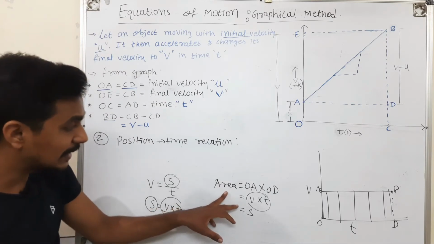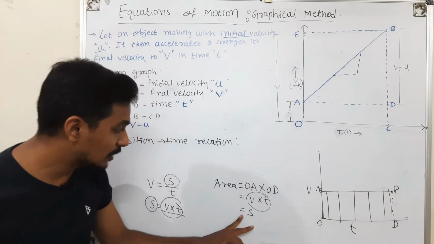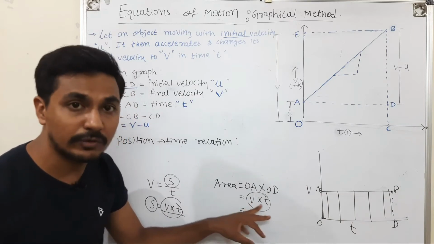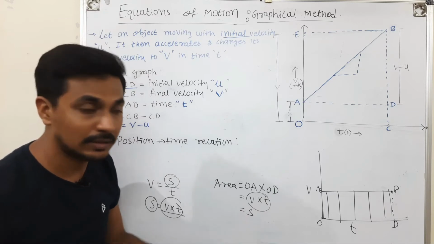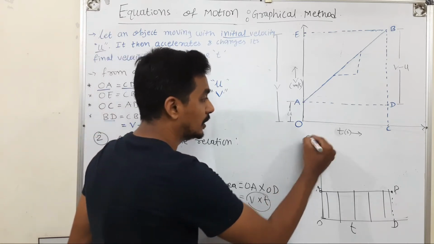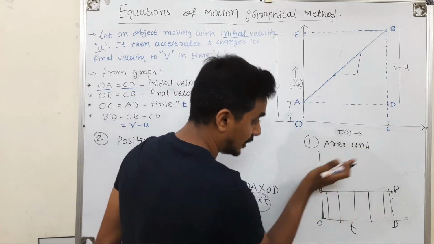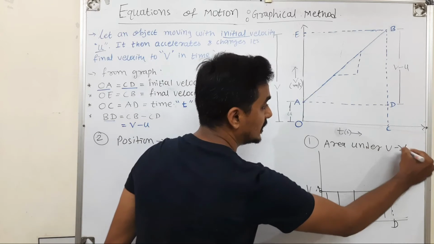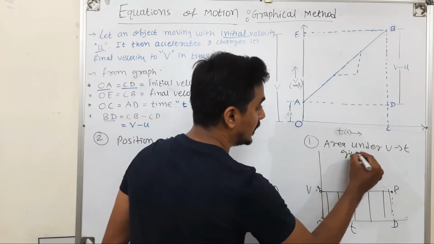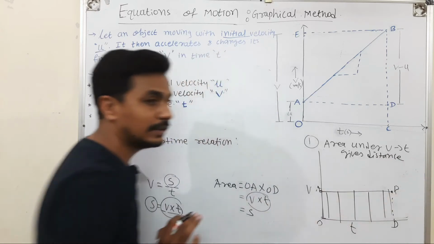So we can say that the area under the velocity time graph gives us the product of velocity and time, which is equal to the distance covered. So what we know here is that the area under the velocity time graph gives the distance covered by the object.